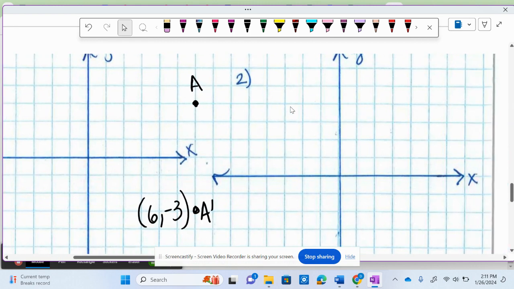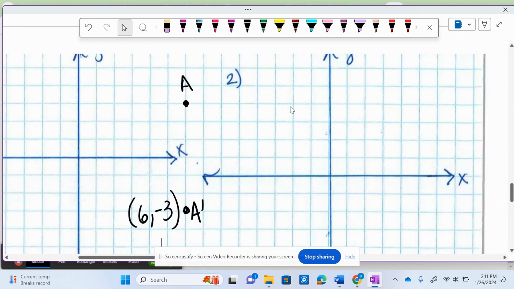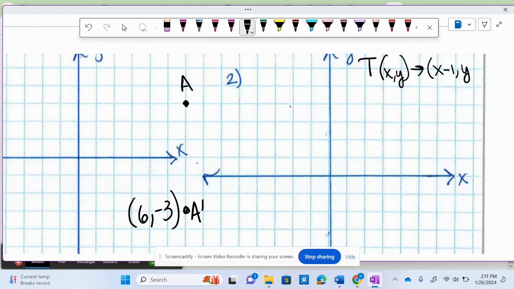Number 2 says, given the translation T, that means we're going to translate, right? Such that we have x minus 1, y plus 3. We have to find the image. This is the original point, the OG point, 1, -2.